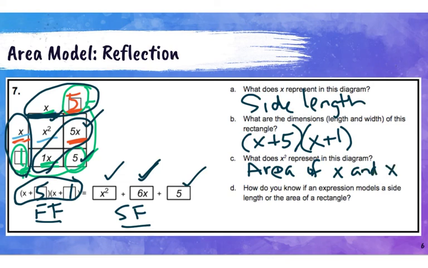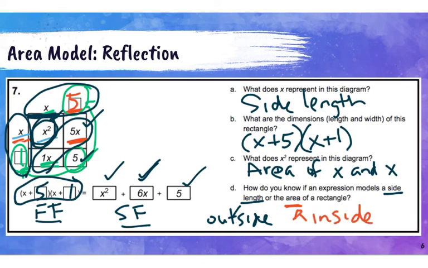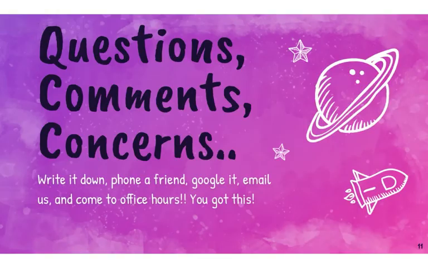So it's not the whole area, it's just a part of the area. Now, how do you know if an expression models a side length or an area? If it's a side length, it is outside. And if it is an area, it is inside the rectangle.